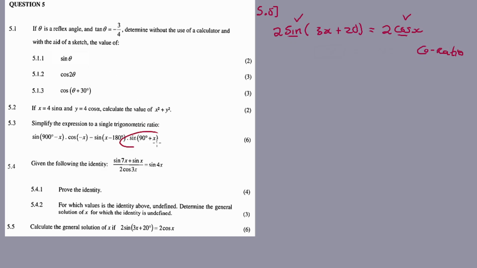Sine and cos are co-ratios of each other. Let's make life simple by dividing by 2 on both sides, so the 2s cancel. We are left with sine (3x plus 20 degrees) equals cos x. Voila.